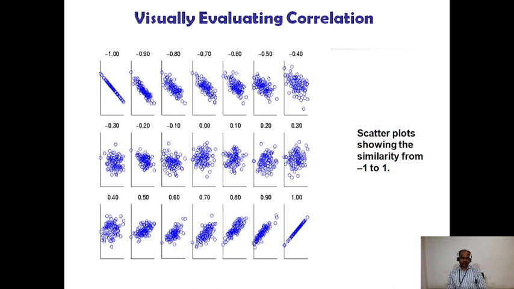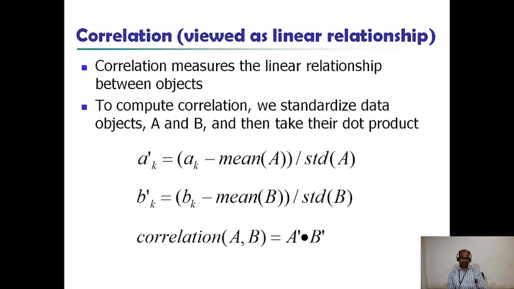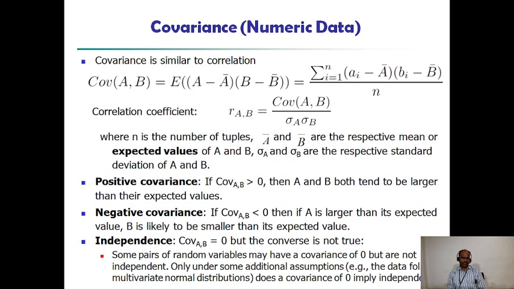So we will visually analyze the correlation coefficient. What we will do is we will make a scatter plot, and we will fit the data into some normalized form, like -1 to 1 or 0 to 1 or 0.1 to 1.0, and we will correlate by means and medians. So we will use covariance on numeric data.